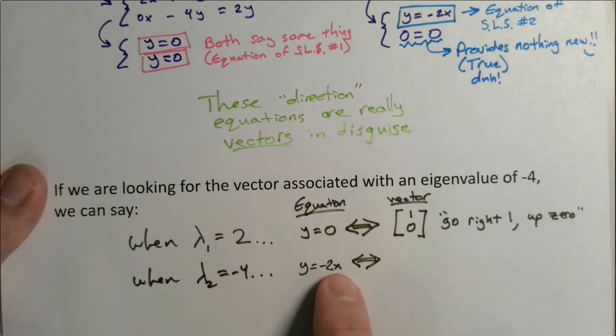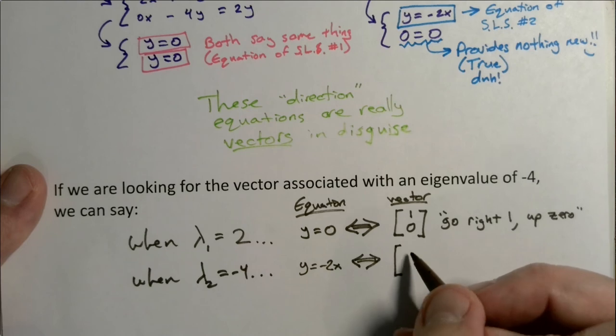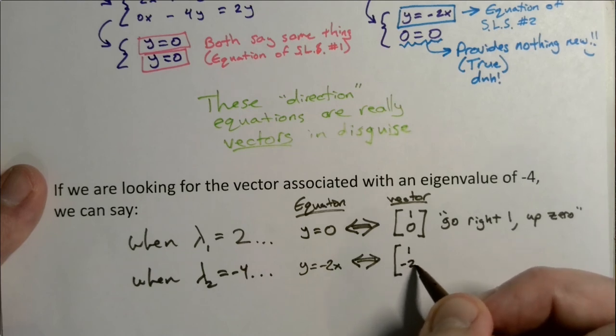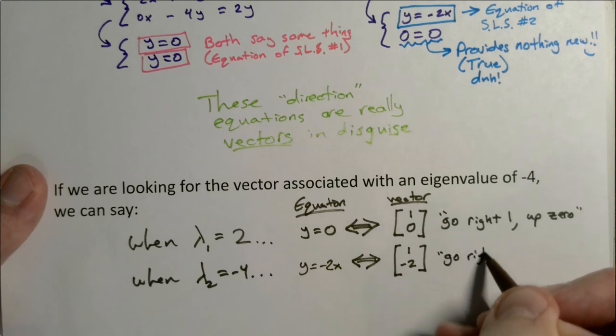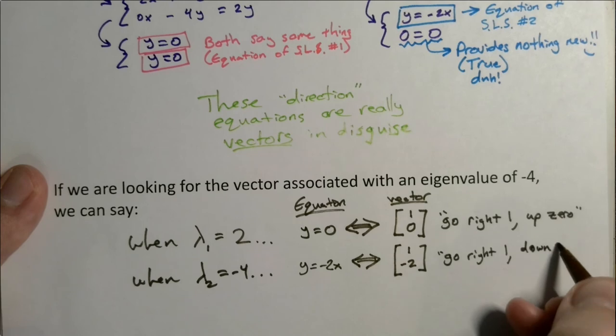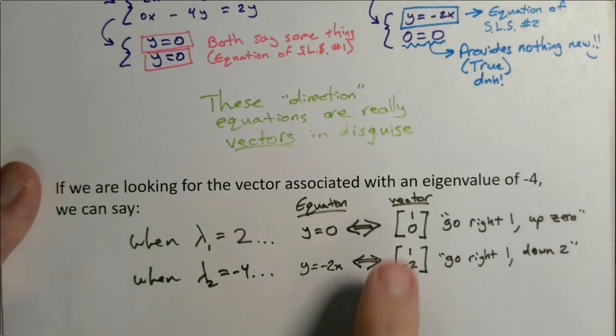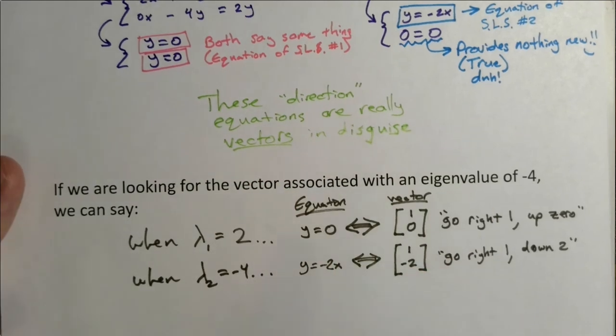Well, if I put in 1 for x, I get negative 2 for y. So the vector equivalent to this would be 1, negative 2, or go right 1, down 2. So the equation that we came up with up here turns into a vector that we can use.